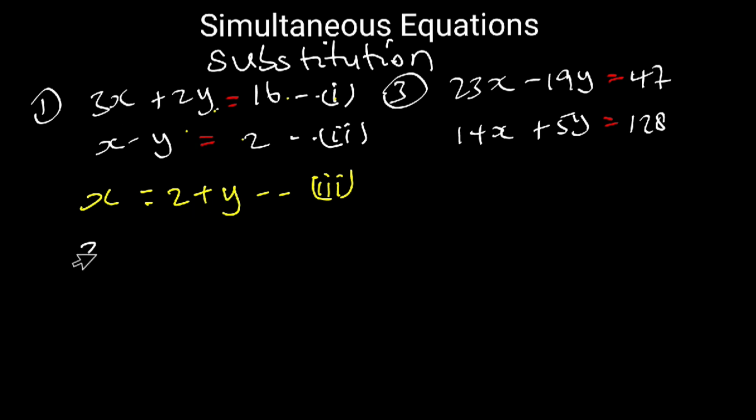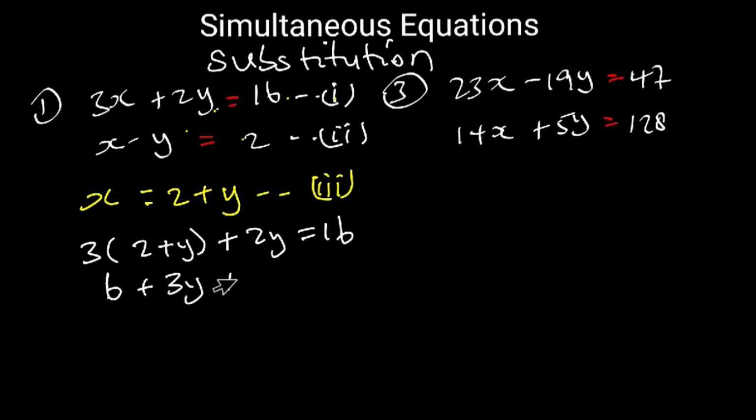So we have 3 times (2 plus y), plus 2y equals 16. 3 times 2 is 6, then 3 times y is 3y, plus 2y equals 16. Then we have 6 plus 3y plus 2y, which is 5y, equals 16.